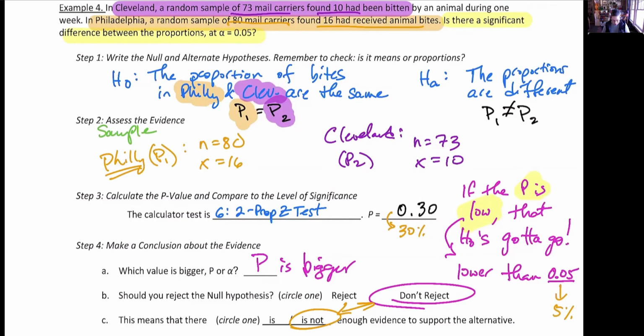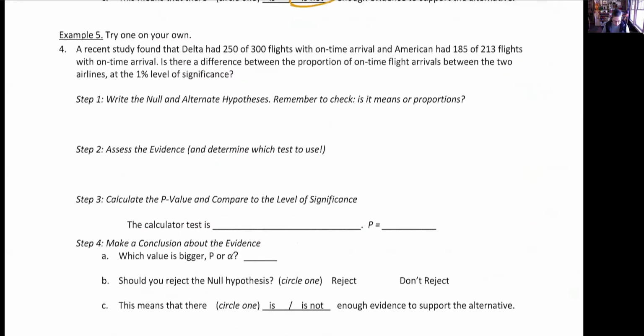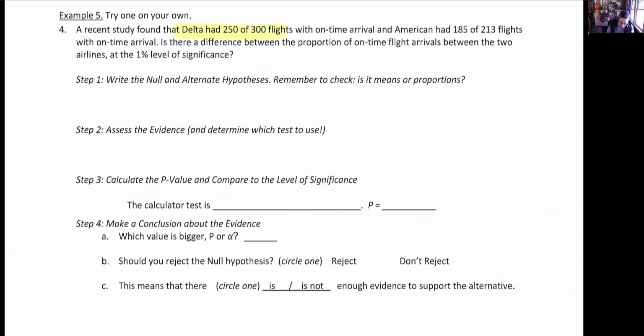I'm going to have you work on example 5 on your own. We're comparing Delta, which had 250 of 300 flights with on-time arrival, and American, which had 185 out of 213 flights on time. We're asked to find: is there a significant difference between the proportion of on-time flight arrivals between the two airlines at a 1% significance level?